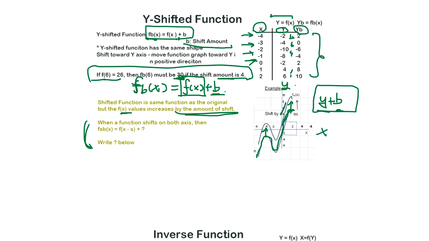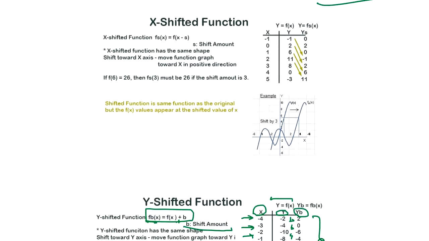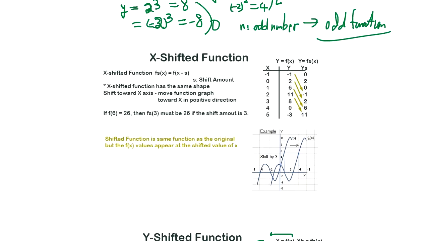Okay, we go back here, x shift. Suppose you have a function y equals f of x, right? So this is the function, and you draw this. For example, x is 0, y is 2.